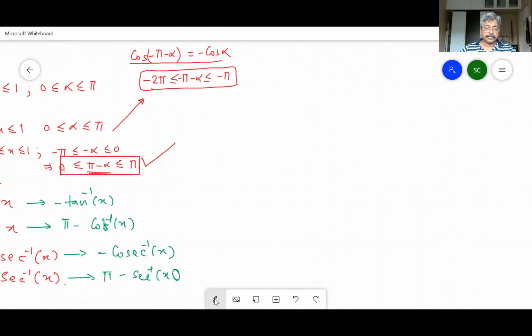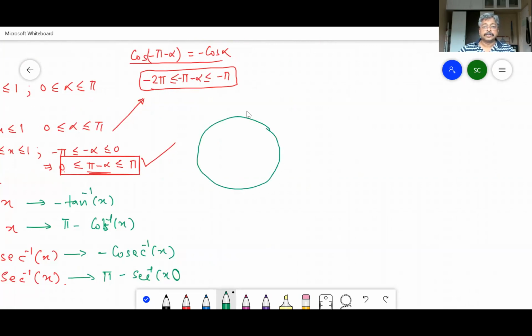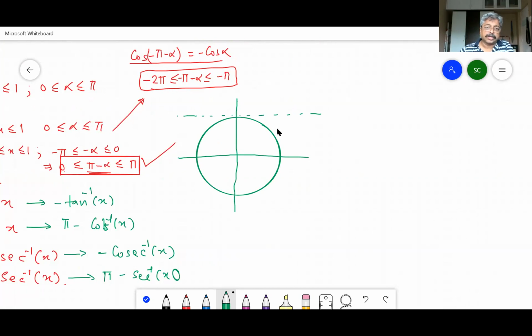Geometrically, where is the cot ratio? Here we have to draw the tangent. That is your cot ratio, no? Okay, so cot of x.